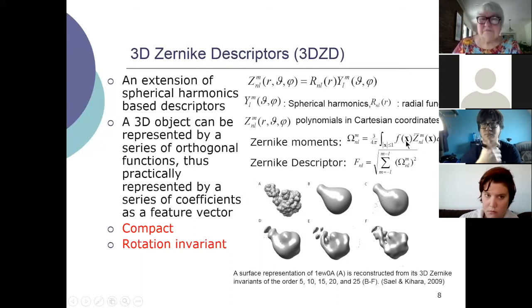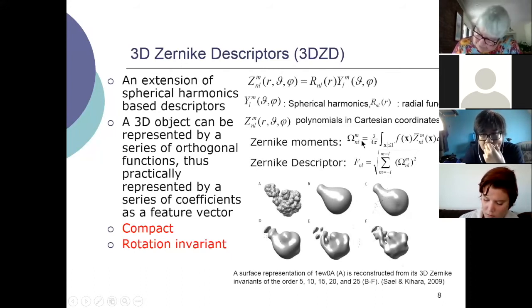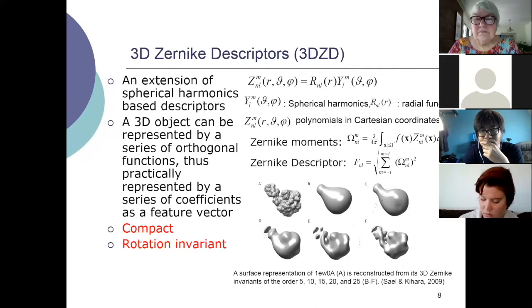That is f(x), and that is converted with the Zernike basis, and that gives one value of omega with index n, l, and m. We consider n up to a certain number, and that gives us a vector of coefficient values associated with this basis function.